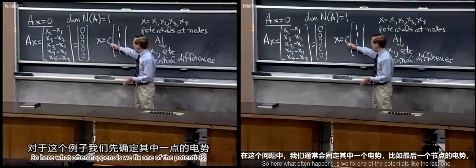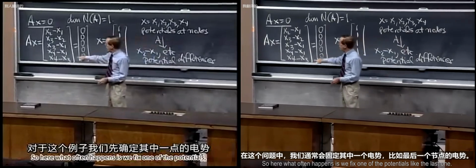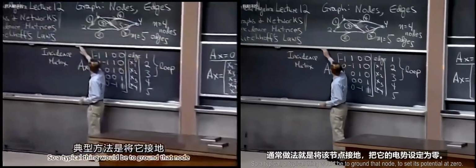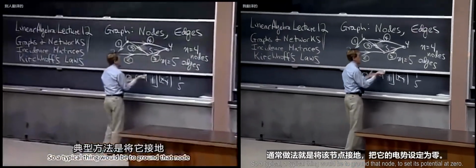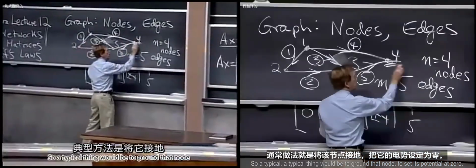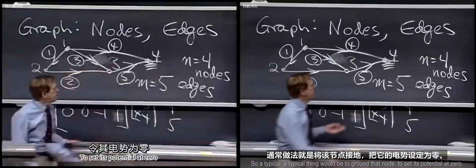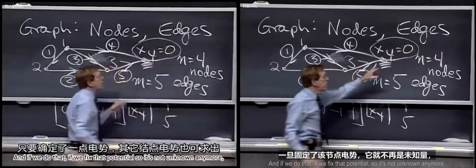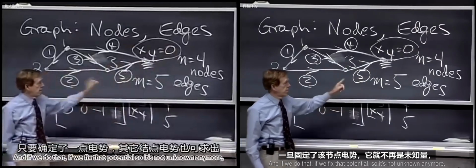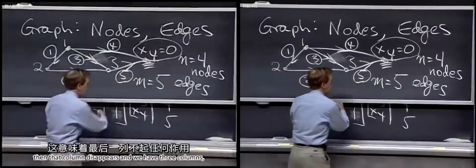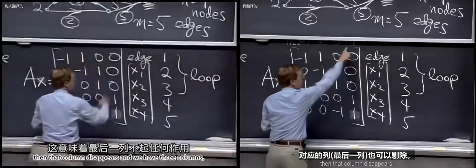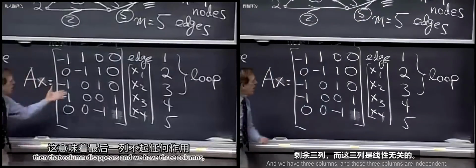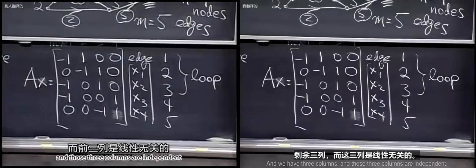So here what often happens is we fix one of the potentials, like the last one. So a typical thing would be to ground that node, to set its potential at 0. And if we do that, if we fix that potential so it's not unknown anymore, then that column disappears, and we have 3 columns, and those 3 columns are independent.